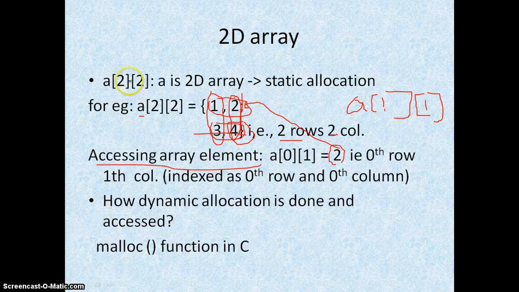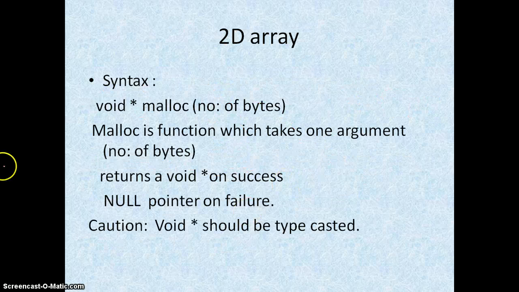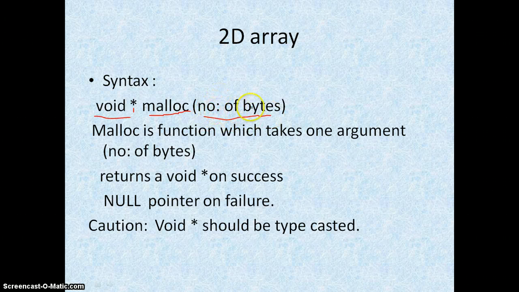Now, how can we allocate this particular two-dimensional array using the dynamic memory allocation technique, that is, the malloc function in C? The syntax of the malloc function is like this. This is the name of the function, and it returns a pointer to void, and it takes one argument, which is the number of bytes that we need to allocate.